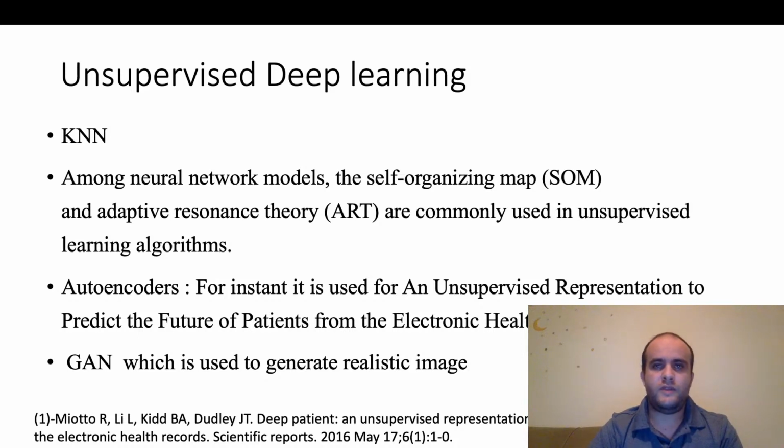One kind of algorithm here is the GAN, generative adversarial network, which generates images by itself after learning from some images. This can be used in healthcare for generating realistic images for image augmentation.